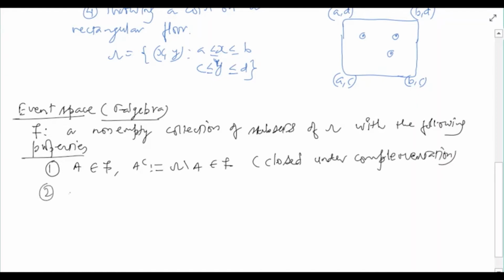Second property is, if A, B belong to F, then their union also belongs to F. This is called closedness under finite union.